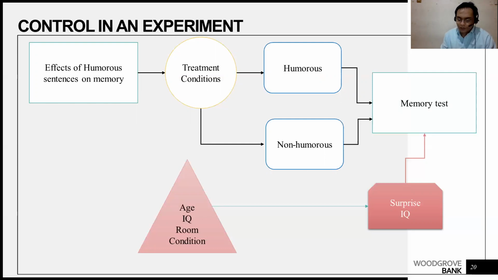As for the room condition, as stated earlier, Schmidt controlled the testing environment by having the examinations and the presentation of the sentences in a testing area which is controlled and set only for the experiment. Upon deduction, the confounding variables that Schmidt found that can affect his experiment are the surprise and the IQ.